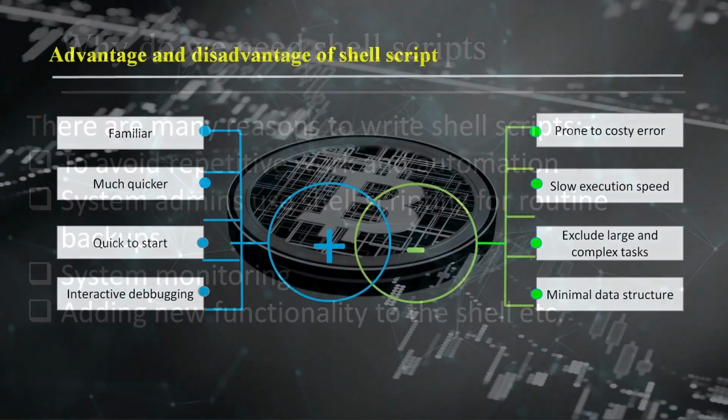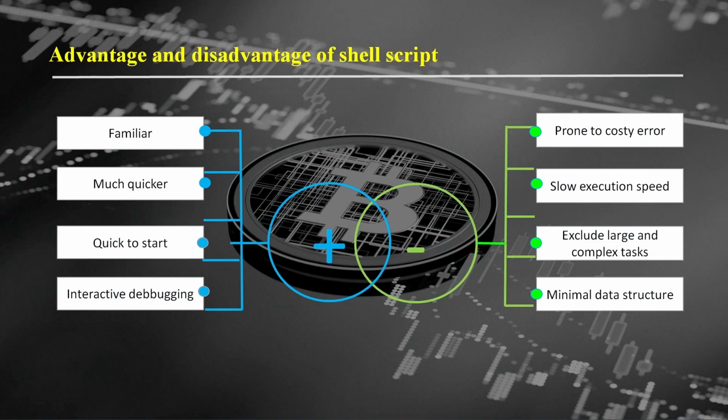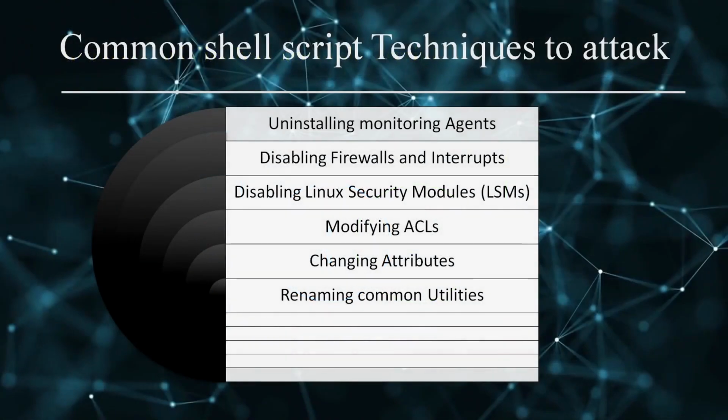Advantages and disadvantages of shell script: they are familiar, quick to start, with interactive debugging, while disadvantages: prone to costly errors, slow execution speed, unsuitable for large and complex tasks, minimal data structures, and also a small error in syntax can result in a big error in shell scripting.